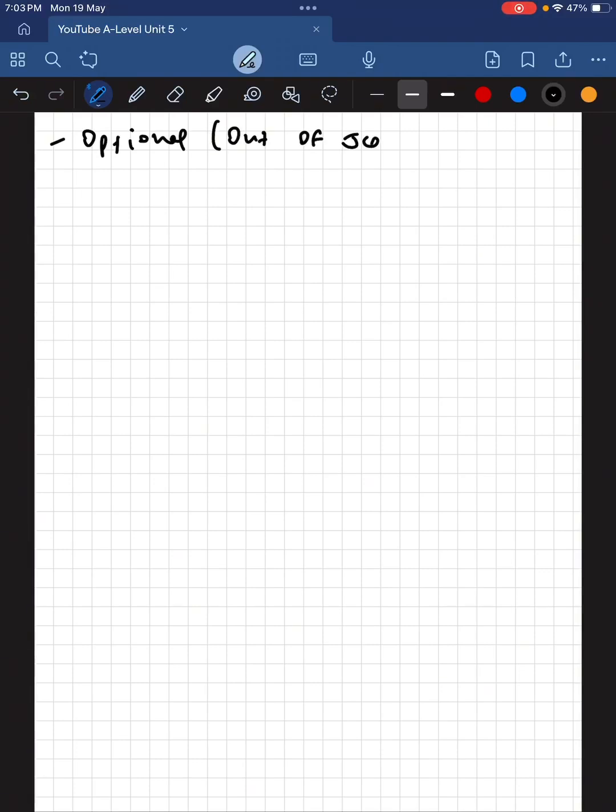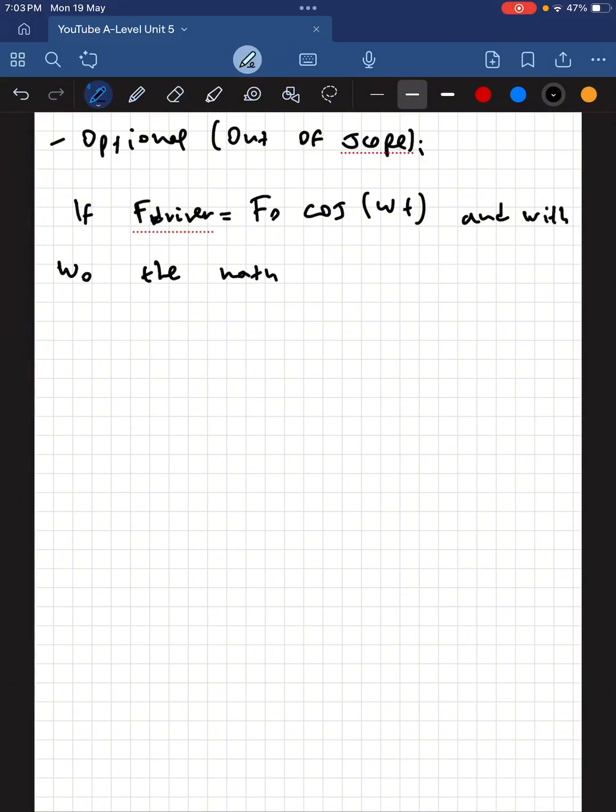So I'm going to write it here as out of scope, but I'm going to mention it anyway, is that if the driving force is equal to some force F naught times cos omega t, where omega is the angular frequency of the driving force, and with omega naught, the natural frequency, then the amplitude is given by this formula.